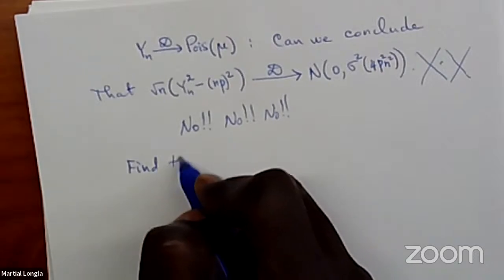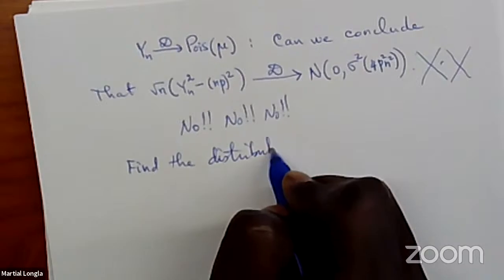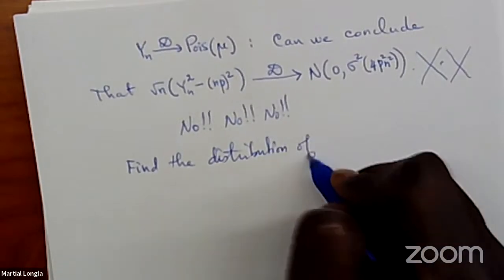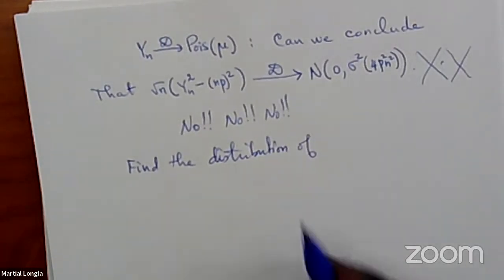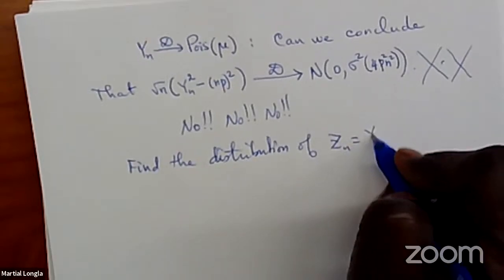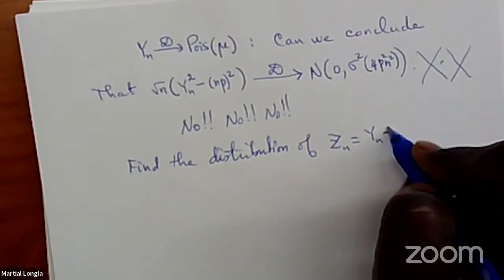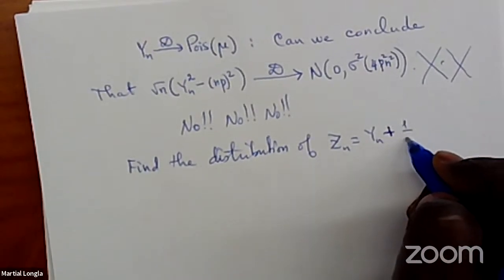Find the distribution of Vn equals Yn plus 1 over n.